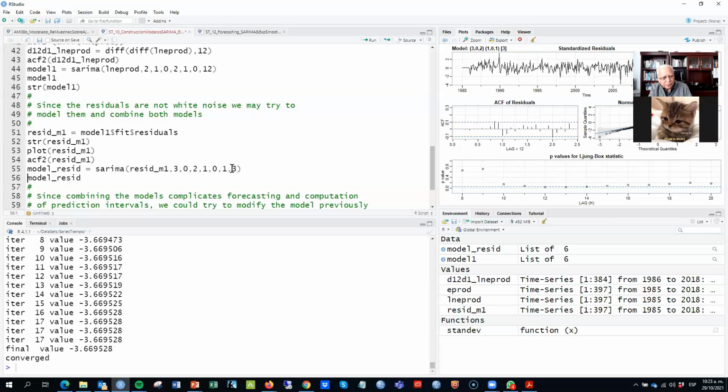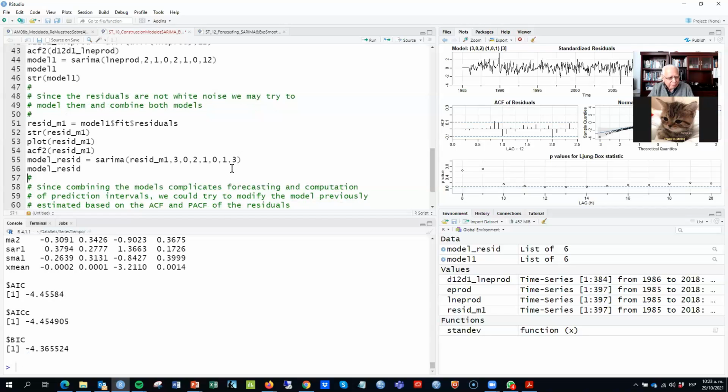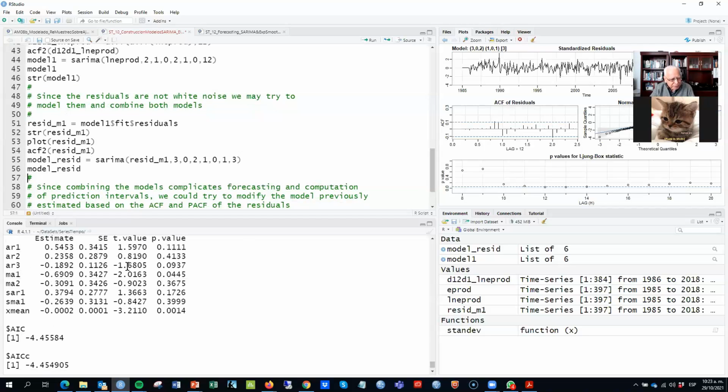AR3 is not significant, and MA1 is significant. So I could try removing 1 here, because the MA2 is not significant.